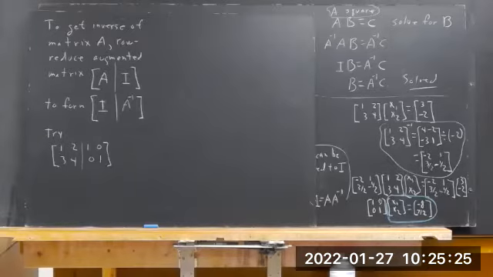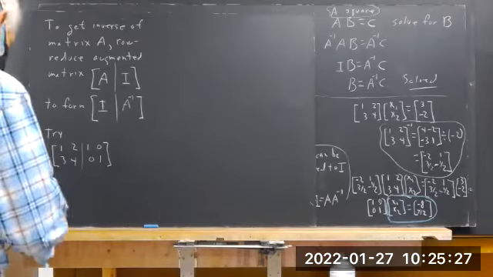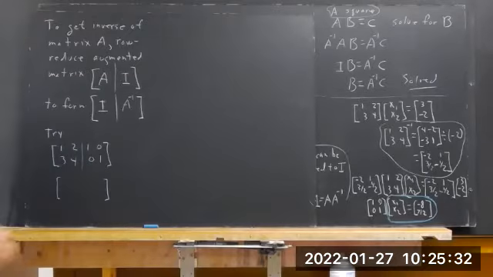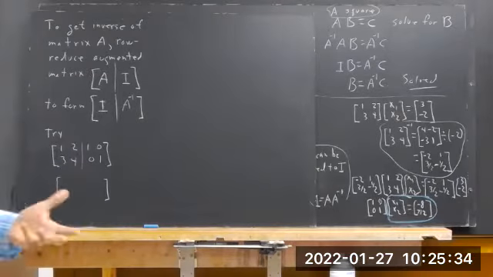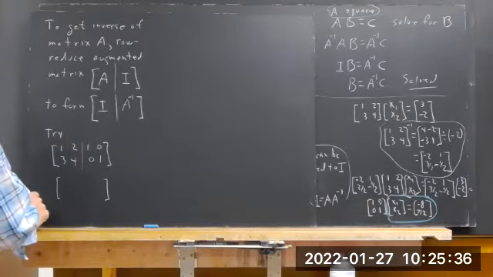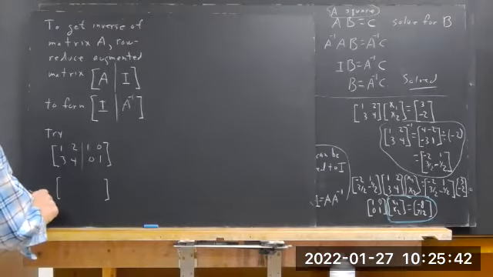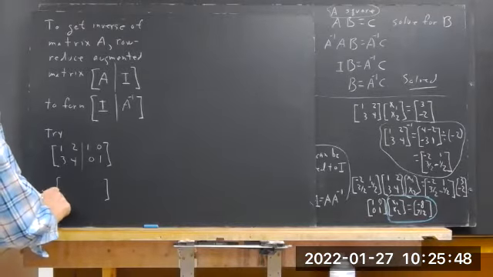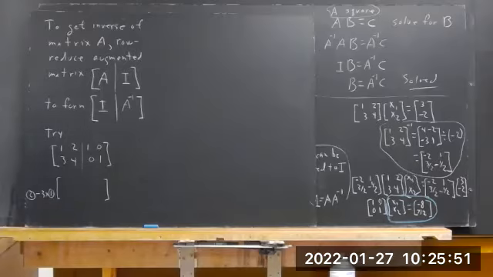Okay, well, the row reduction. You're going to do row 2 minus three times row 1.